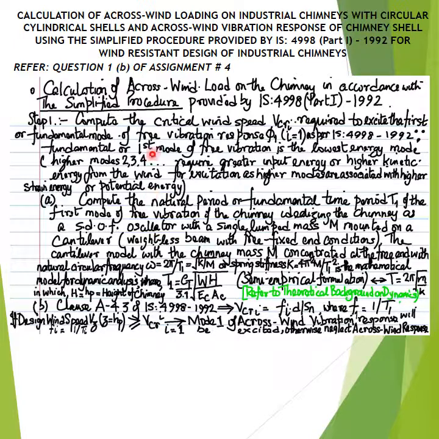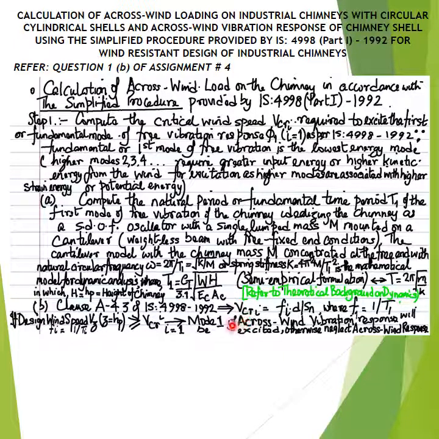Now, since the lowest amount of energy, that is the lowest amount of kinetic energy or input energy, is required from the wind for exciting the first or the fundamental mode of free vibration response described by the mode shape phi1, for the fundamental reasons discussed earlier, the critical wind speed VCR1 for the first mode of free vibration response of the industrial chimney structure is the one of interest.